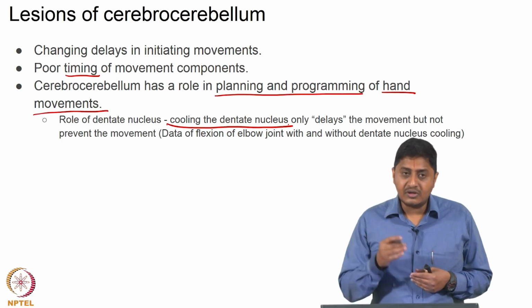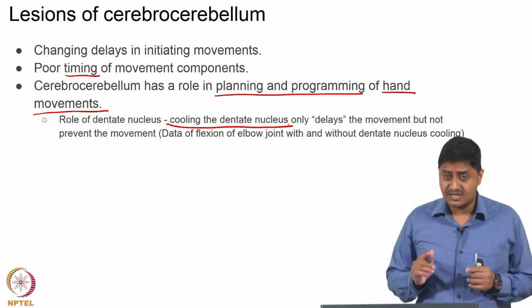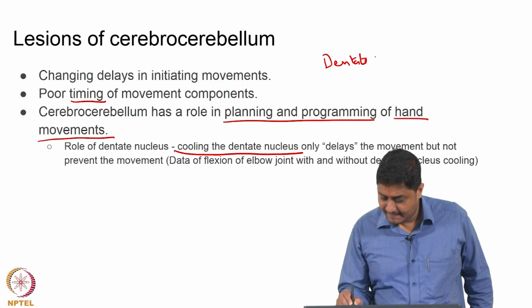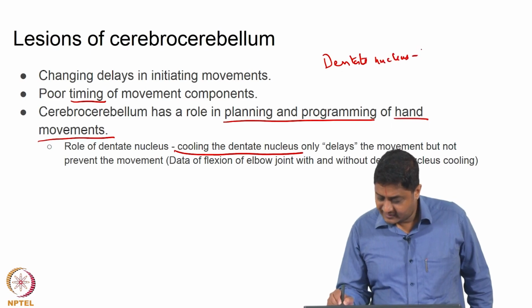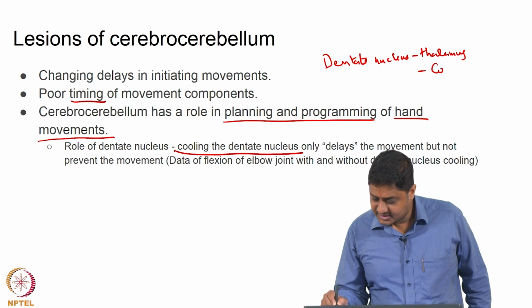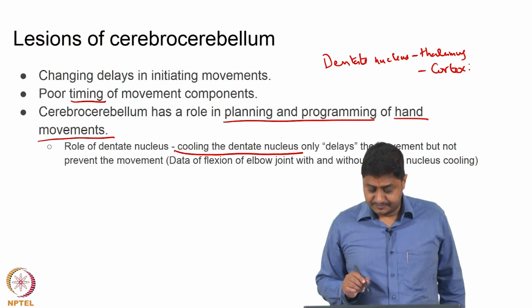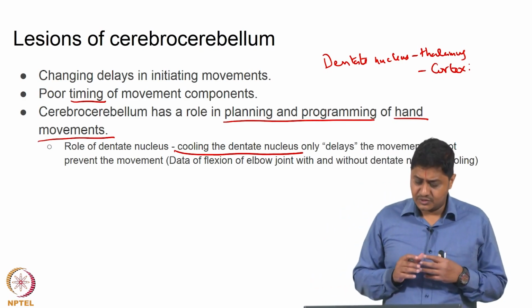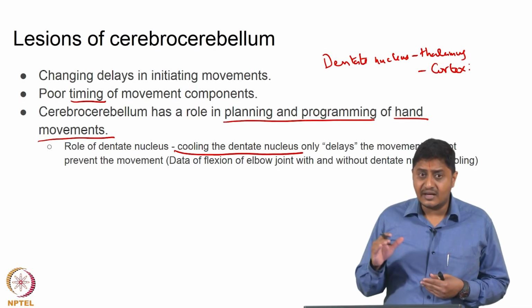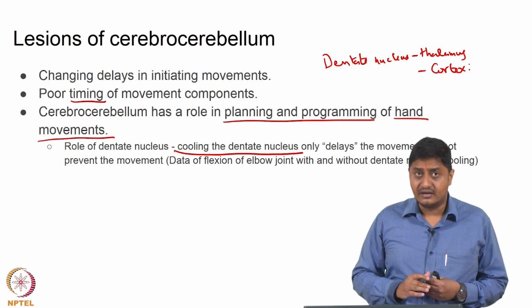So, motor cortex receives inputs from the dentate nucleus. How does it receive? We have discussed this. This pathway is dentate nucleus to thalamus to cortex, is it not? So, through this pathway the cortex receives information from the dentate nucleus and then appropriately controls or times the movements.